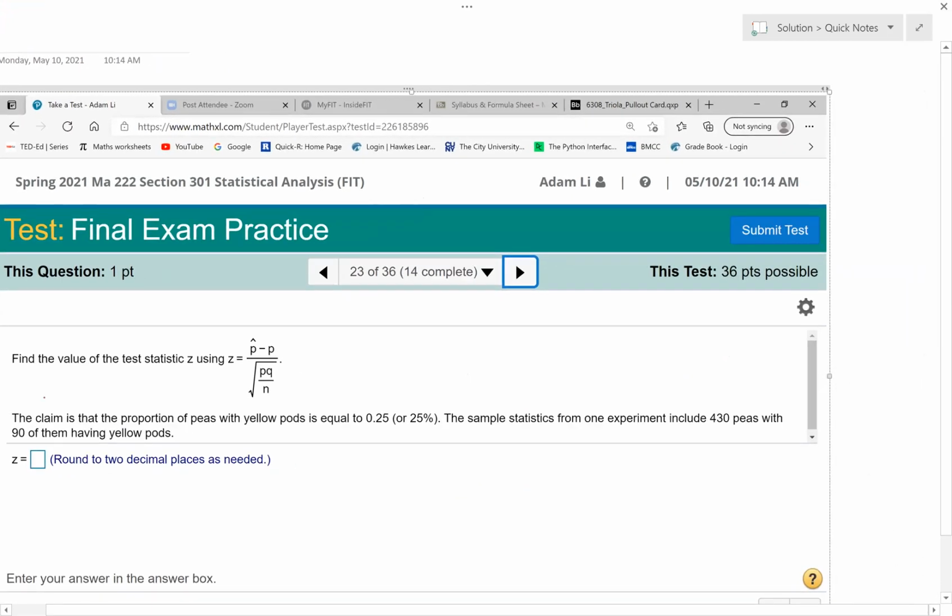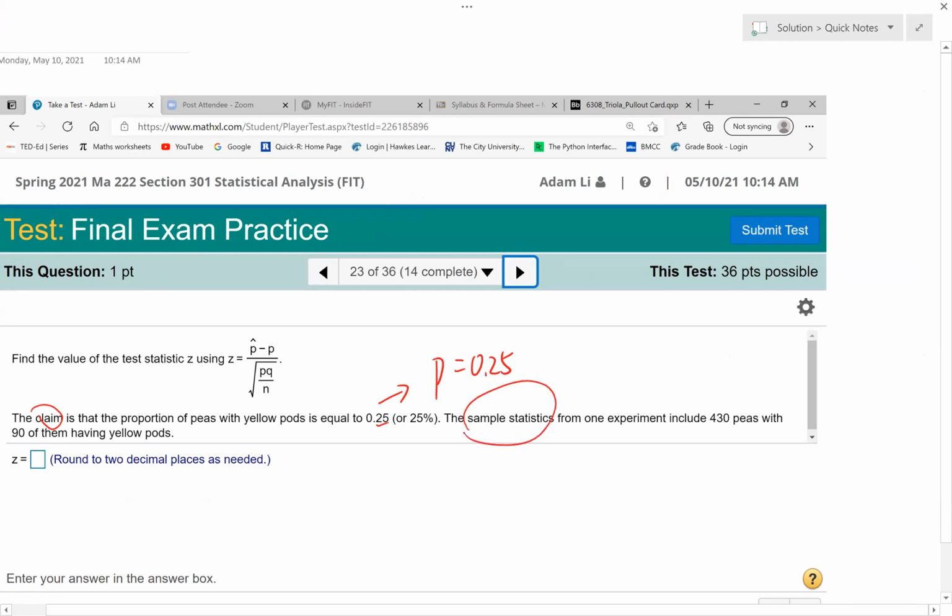So the claim is always about the population proportion p, and p is given, p equal to 0.25. The sample statistics from one experiment have 430 p's, so n equal to 430, and 90 of them have yellow parts.